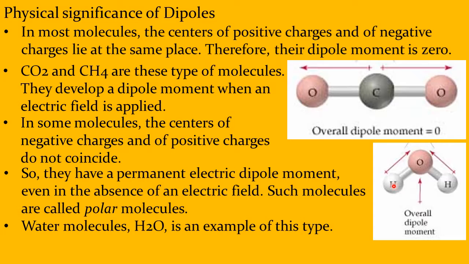Now look here. Here is an atom of hydrogen and here is an atom of oxygen. The dipole due to these two atoms is in a particular direction. Similarly, there is an atom of hydrogen here and an atom of oxygen here. The dipole due to these two atoms is in this particular direction as shown by the arrow. Now, these two dipole moments do not cancel out each other.